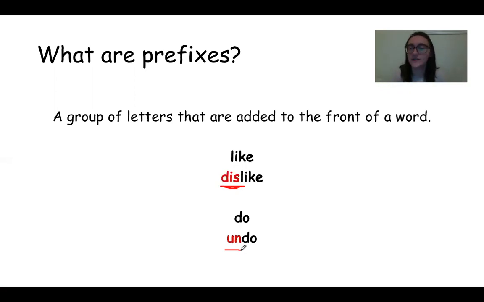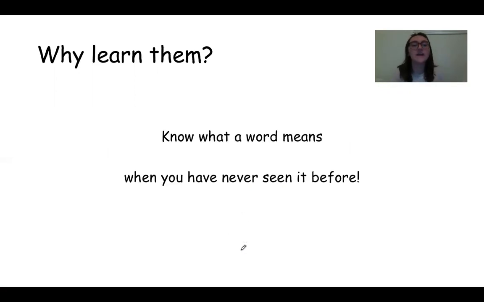Why? This is confusing. It'll make more sense. So why do we learn them? The reason these are good to know is because they let you understand what a word means when you have never seen it before.